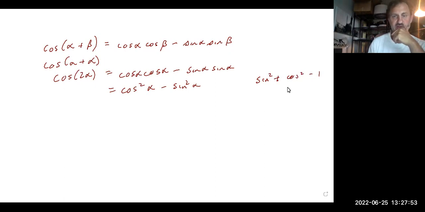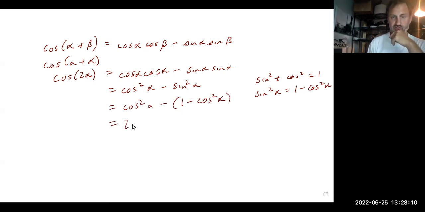This is the Pythagorean theorem. So for instance, sine squared alpha would be 1 minus cosine squared alpha. And so I can put this in. Of course, be careful with your distribution of the subtraction, because that cosine squared is not disappearing. We're going to have 2 cosine squared alpha minus 1.